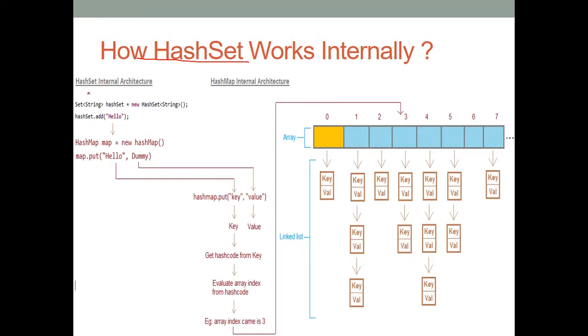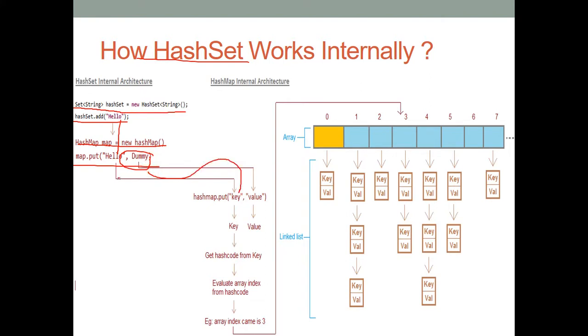For example, if you create a Set of String, HashSet equals new HashSet, you create one object of the HashSet. Then if you call HashSet.add, it calls this map equals new HashMap, and after creating this, map.put of hello and dummy data will be passed. So this is the hello and this is the dummy data you will pass.